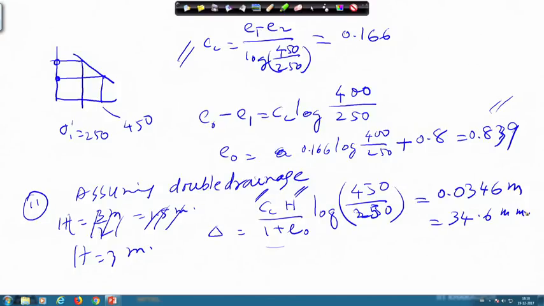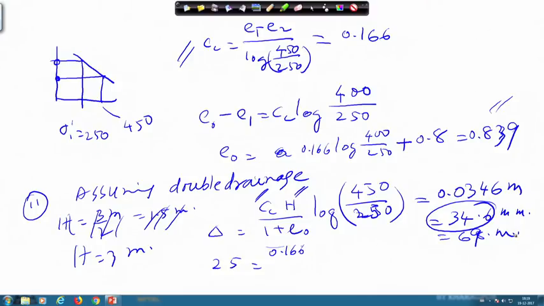And another problem is asked: what is the pressure required to have 25 millimeter of consolidation settlement. So, for 25 millimeter consolidation, it is Cc 0.166 into H, actually it will be, I think, double, it may become 69 millimeter.